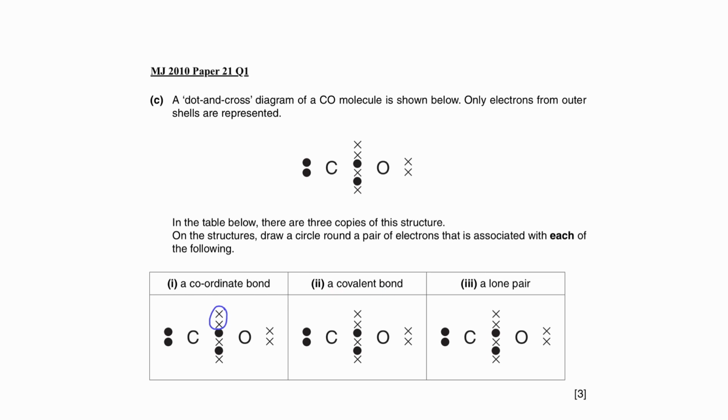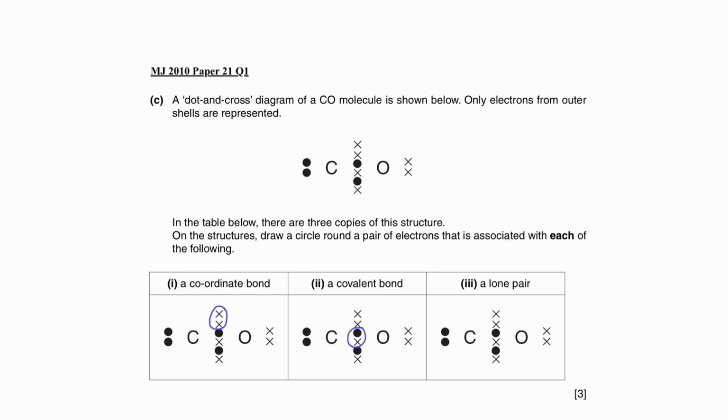The next one to go is the covalent bond. A covalent bond is any pair of dot and cross. Carbon will contribute its electron, which is a dot, and oxygen will be the cross. They will share electrons to form a covalent bond. The last one to go is the lone pair.